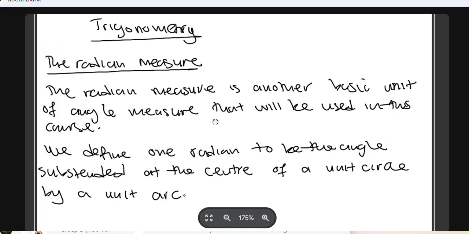I'll explain this. Arc length on the circumference.